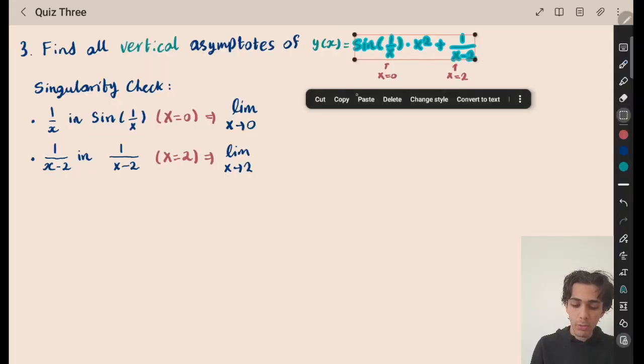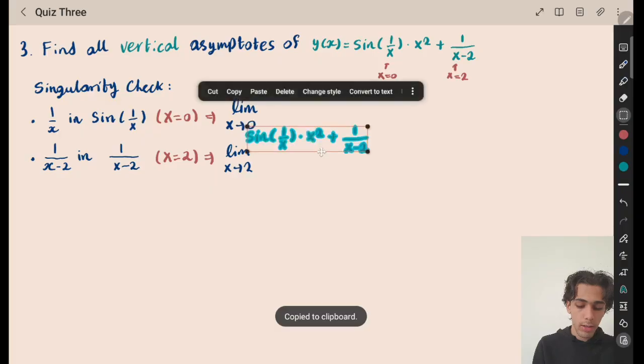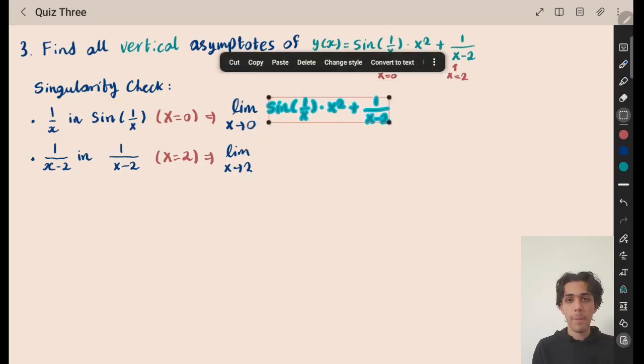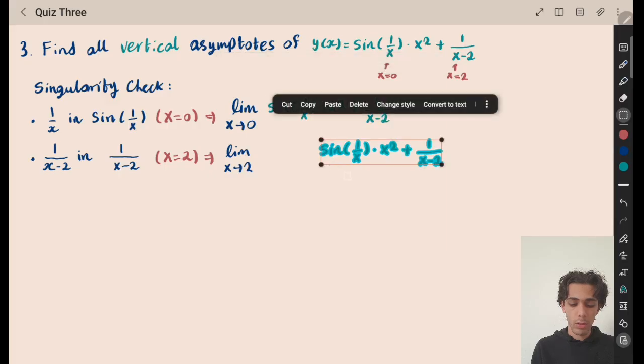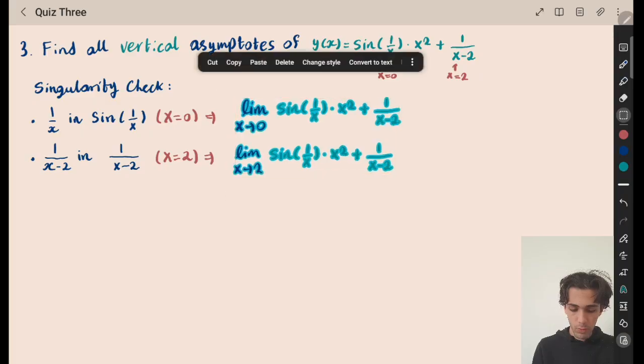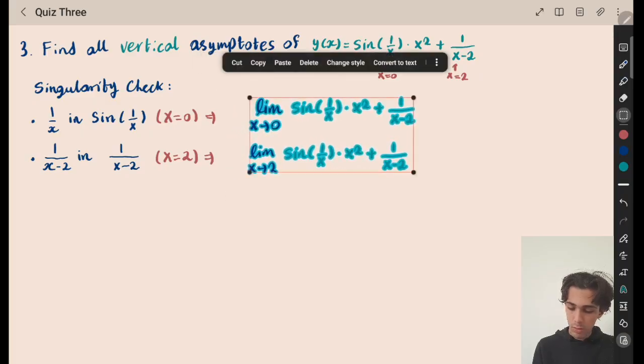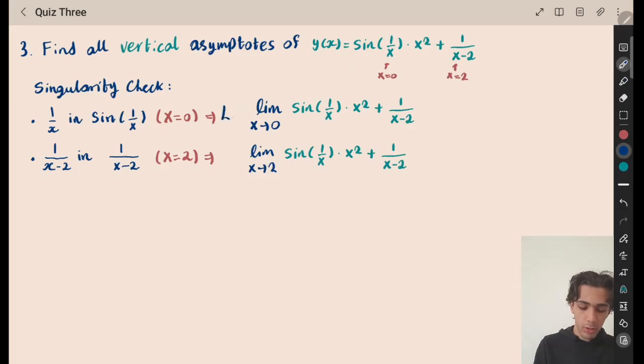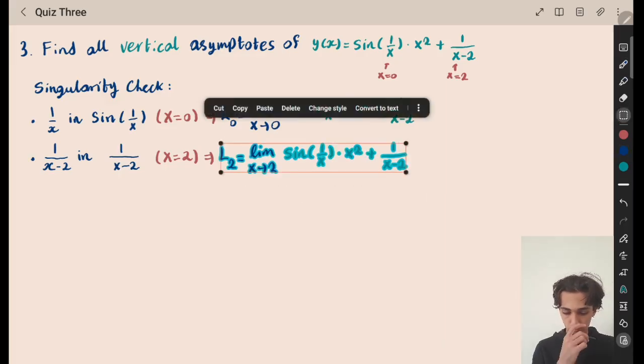So we take the limit of y as we approach these points of singularities. Now I just need to do some work. I'll call this L0 because it's for x is equal to 0, and I'll call this L2 because it's for x is equal to 2.